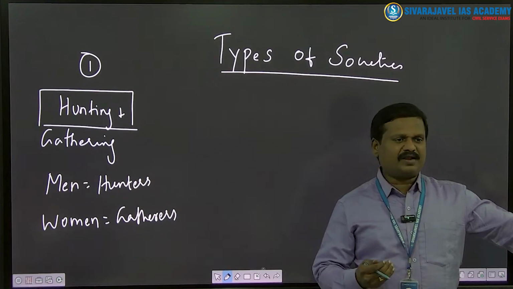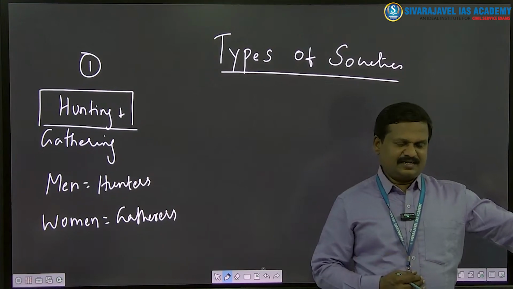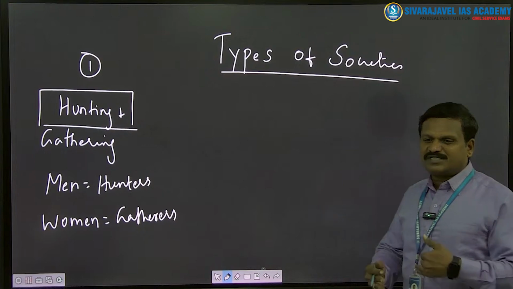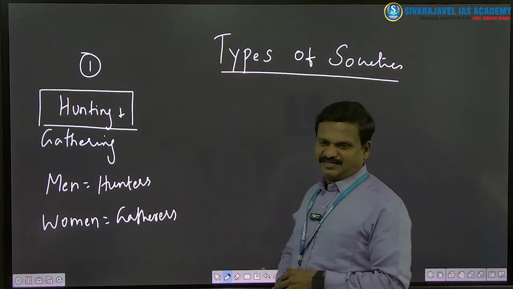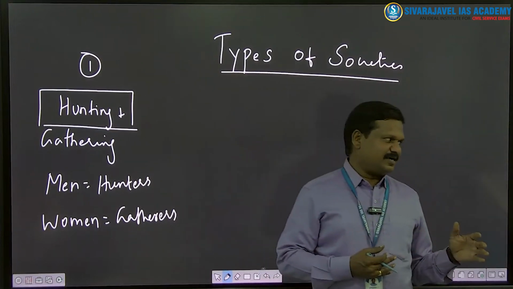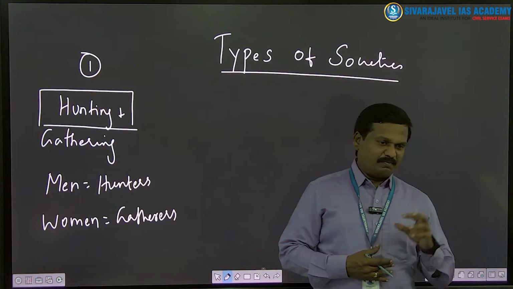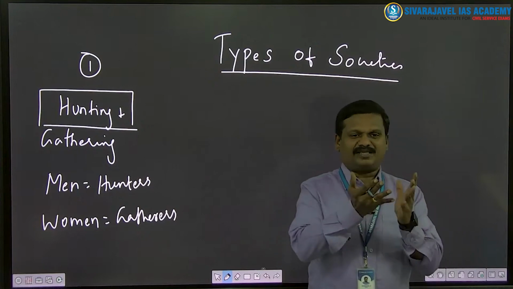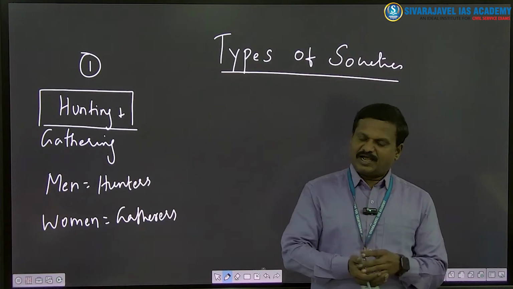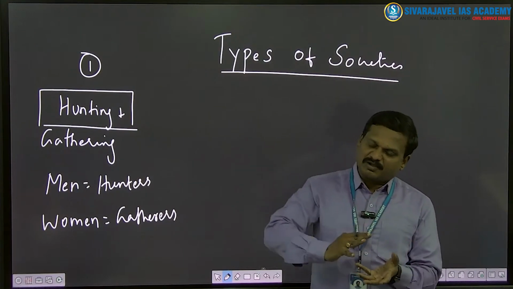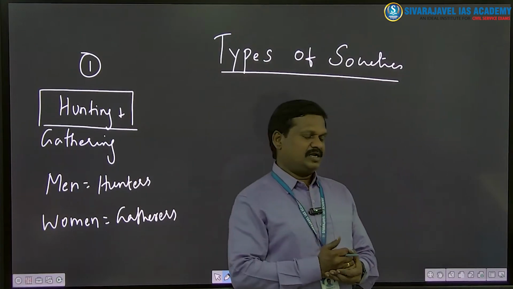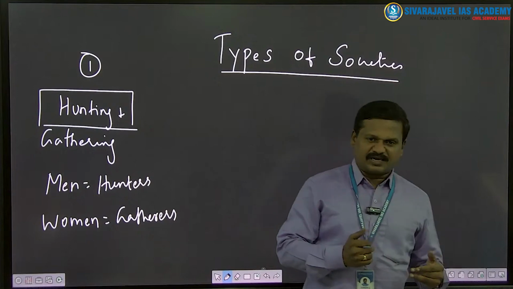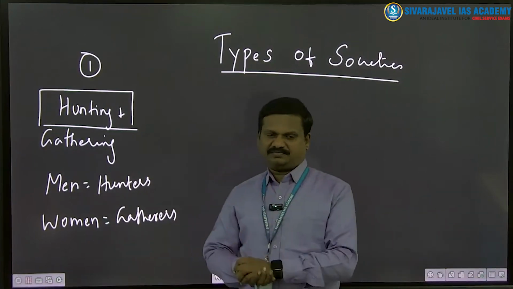Sociologists have by and large concluded that it is because of social convenience that people do certain types of jobs. Men are doing certain types of jobs because of social convenience, and women are doing certain jobs because of social convenience. You know that there is a biological difference between men and women.